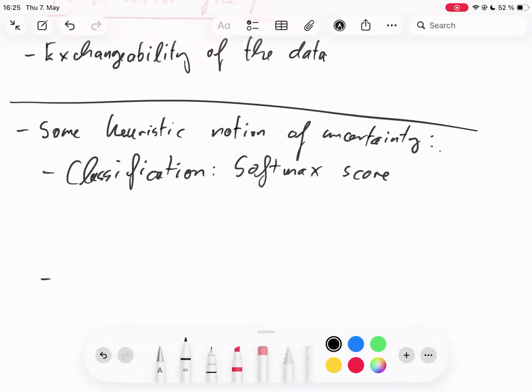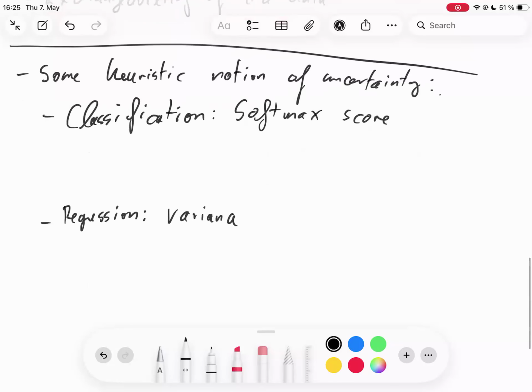If it's a regression problem, for example, that notion of uncertainty could be the variance, and we will use this to define a conformal score.